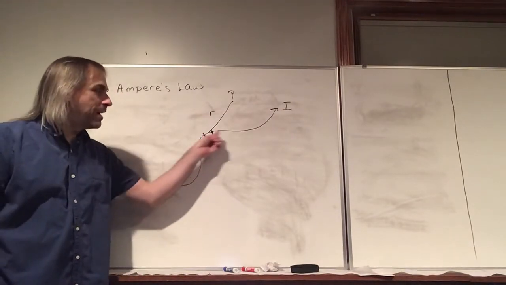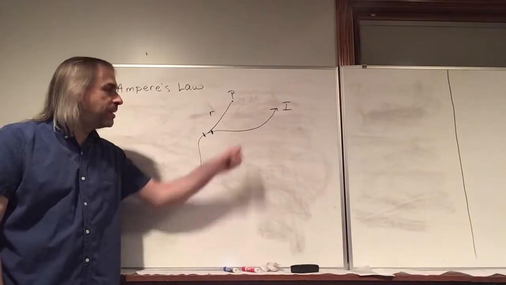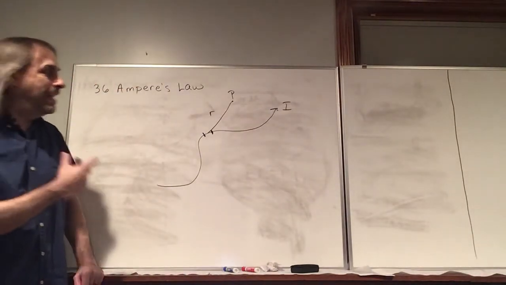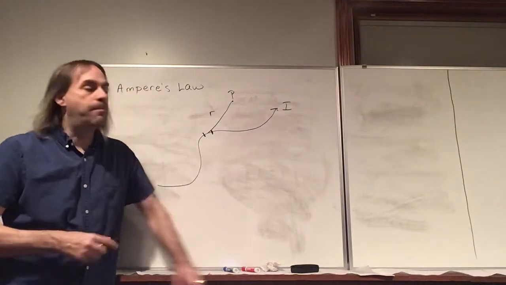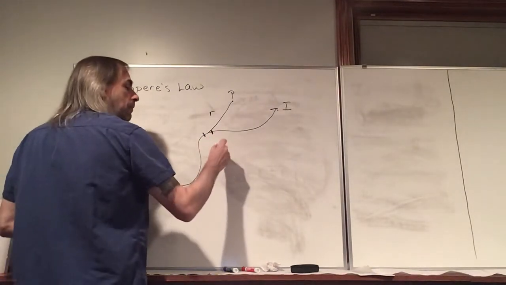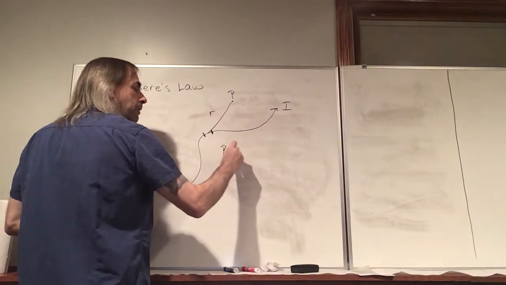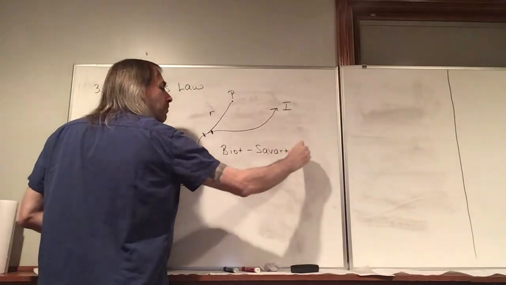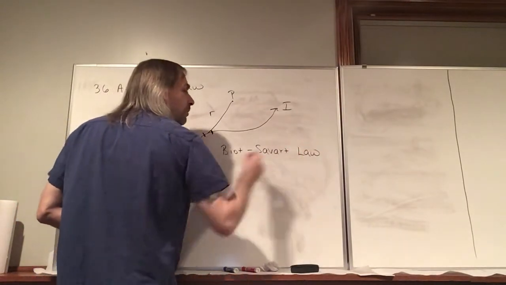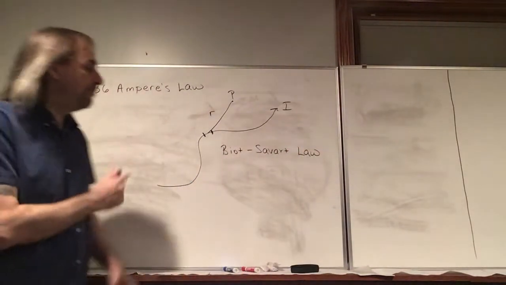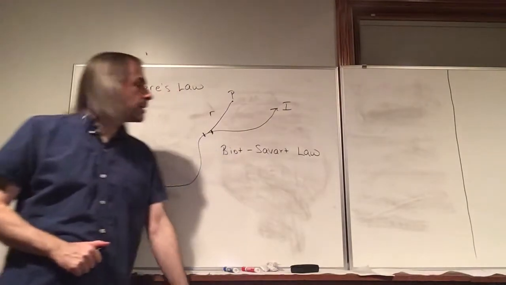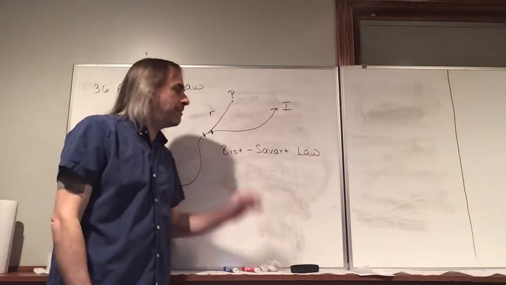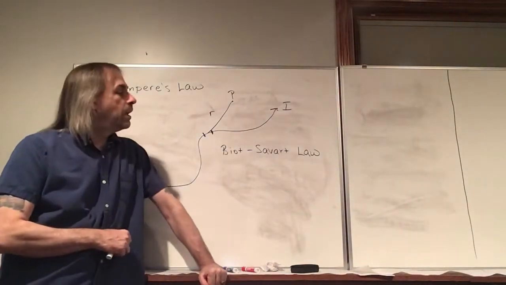And for a random wire like this, you'd have to break it up into little pieces and add up all those pieces. There is a way to do that. It's something called the Biot-Savart law. I'll just write down the name here, the Biot-Savart law. Now we are not going to talk about this other than what I mentioned so far. I'm not even going to write down the equation.